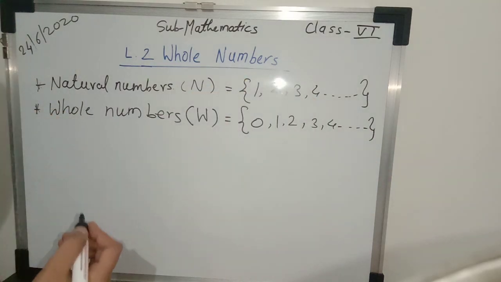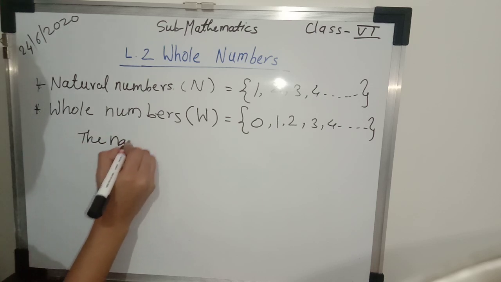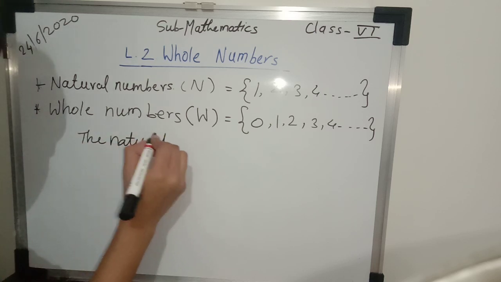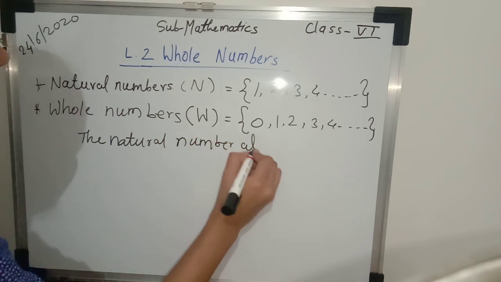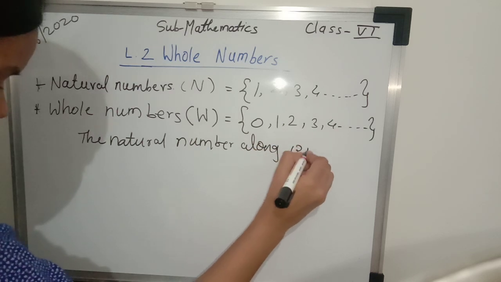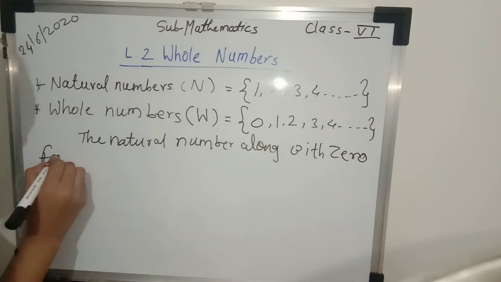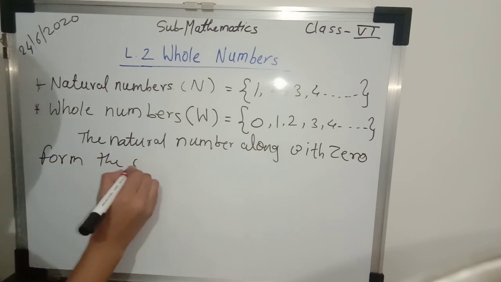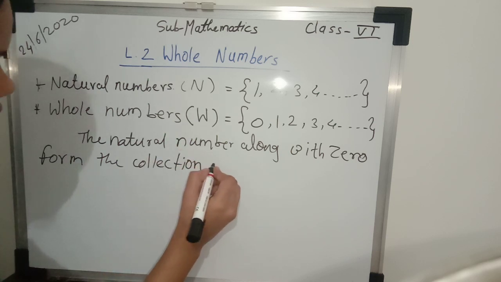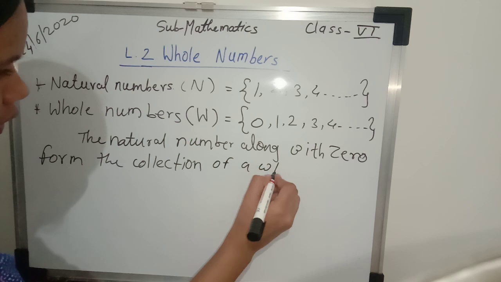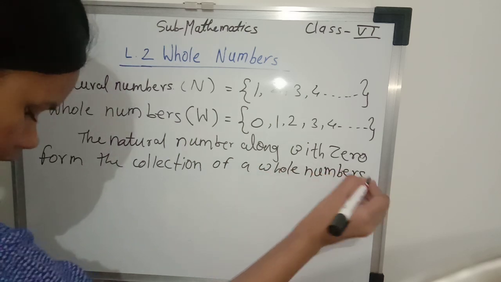Now students, let's define what a whole number is. The natural numbers along with 0 form the collection of whole numbers.